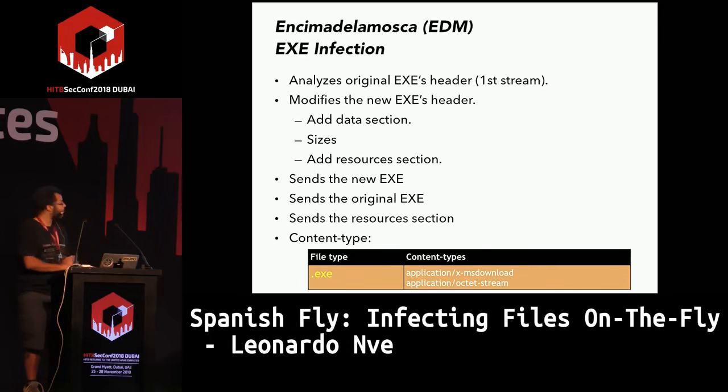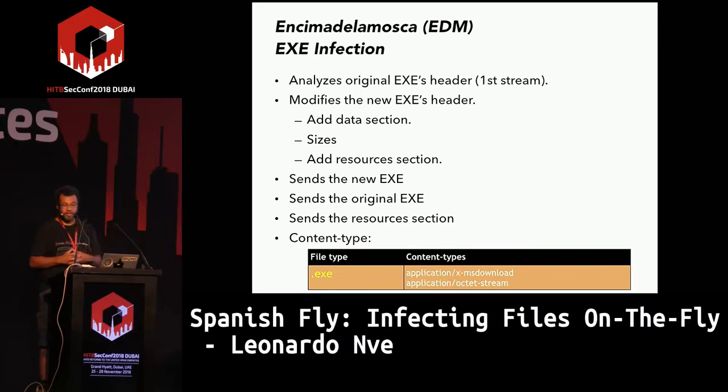Okay, I'm going to do a demo. I coded a proof of concept, a tool called EDM. This tool is a proxy. When a browser downloads an exe file, it checks the exe file, adds to the malware a new data section, changes the size of the sections, then starts to send the new executable to the client.